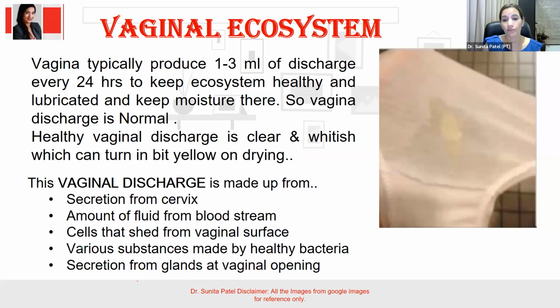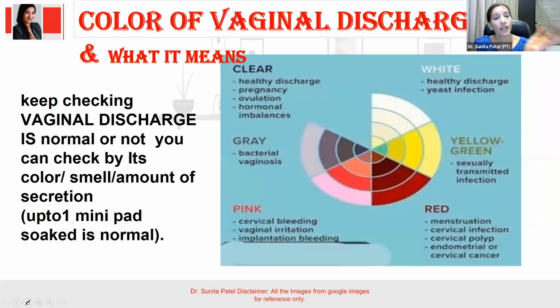Now observe what kind of fluid is coming from your vagina, and what is healthy and what is not healthy. We can tell by looking at the color of the vaginal discharge. Clear is always healthy, and completely white is again a healthy discharge.